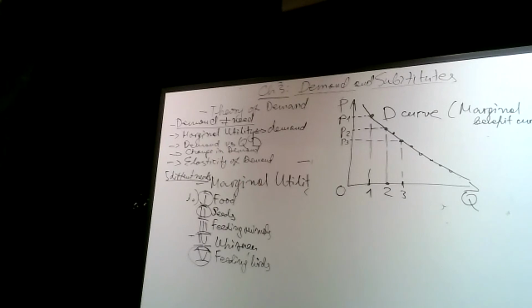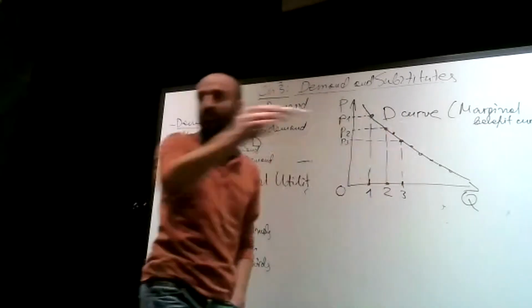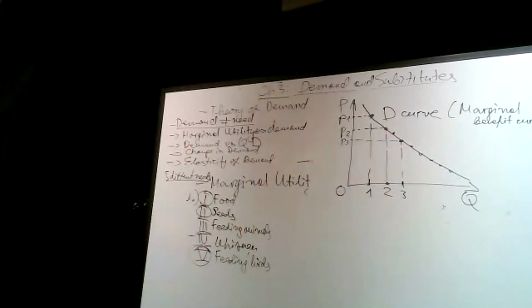There is another way in which we can read the demand curve and think about it. If you imagine for a moment that this is a demand curve for the entire society, not your individual demand, the demand curve shows the inverse relationship between the price and quantity demanded.